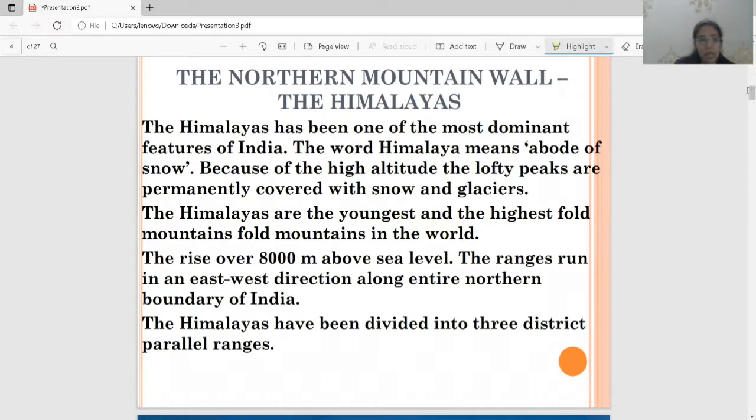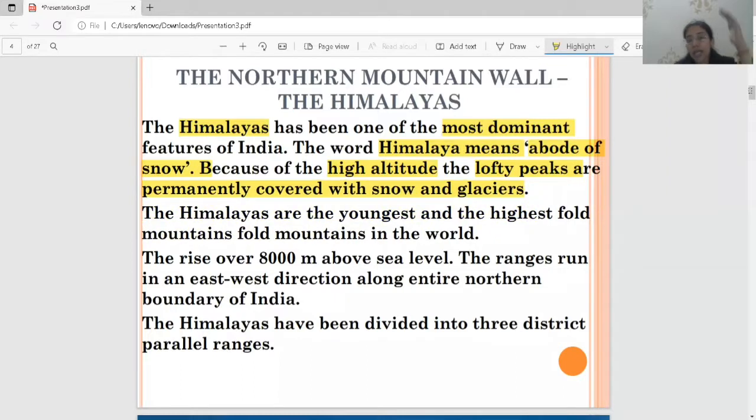The Himalayas have been one of the most dominant features of India. Himalaya means abode of snow. What does the word Himalaya mean? Abode of snow, means home of snow. Because the Himalayas are at a high altitude with lofty peaks, they are permanently covered with snow and glaciers.